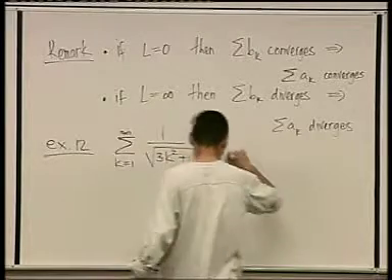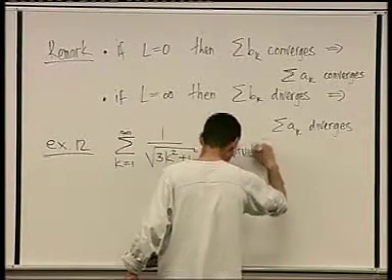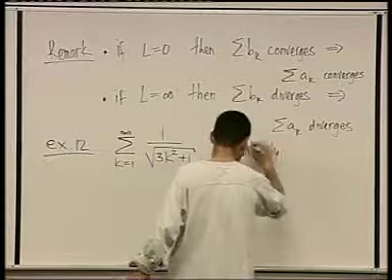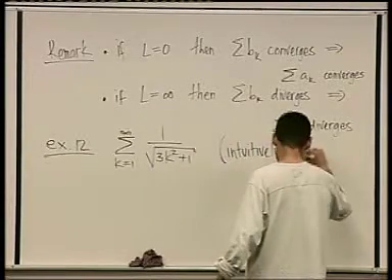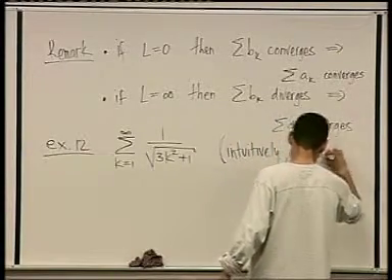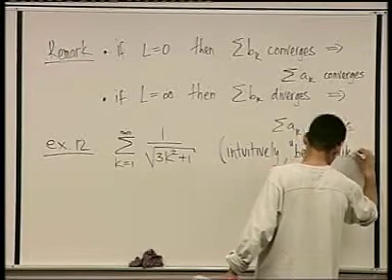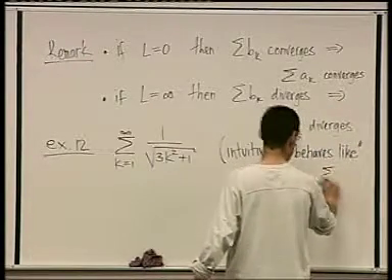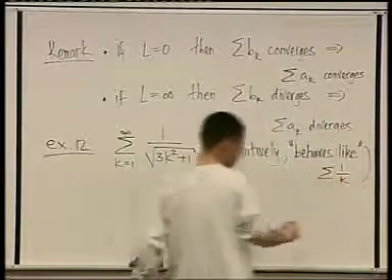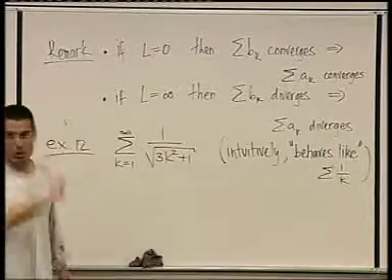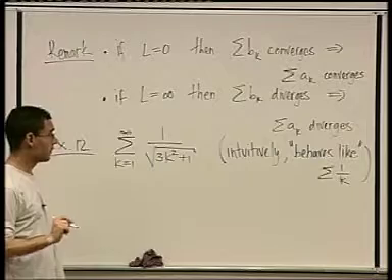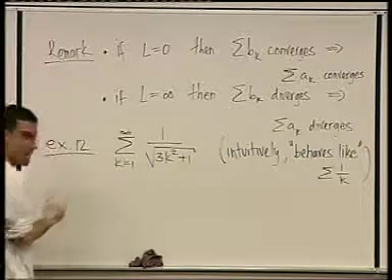So maybe let's write it. Intuitively it behaves like the sum of 1 over k, which diverges. We're going to prove that shortly. Don't worry.